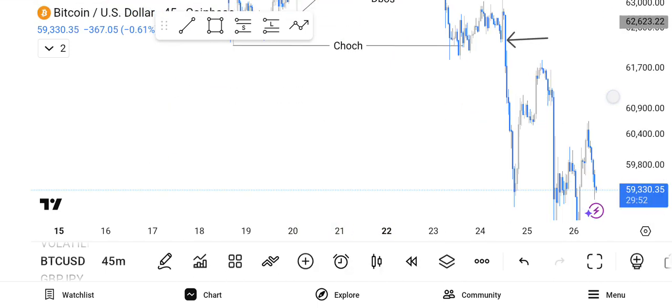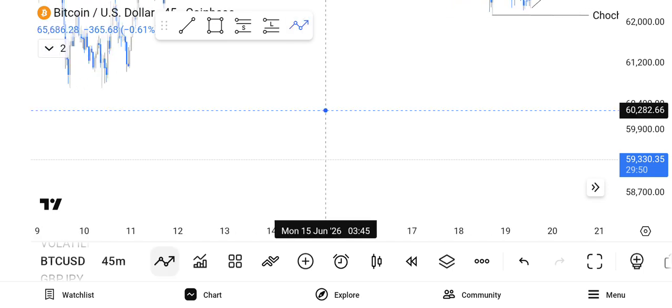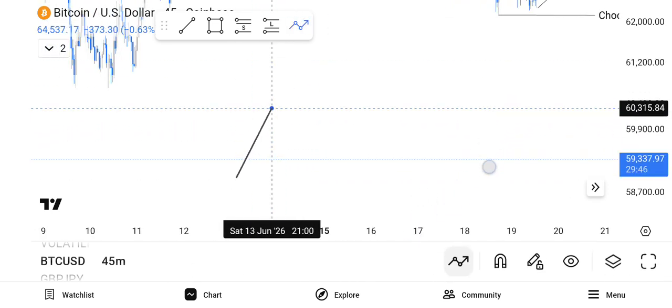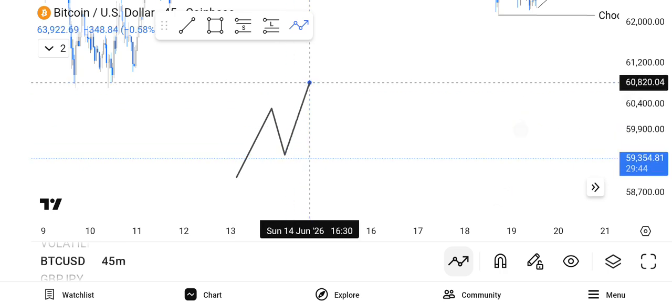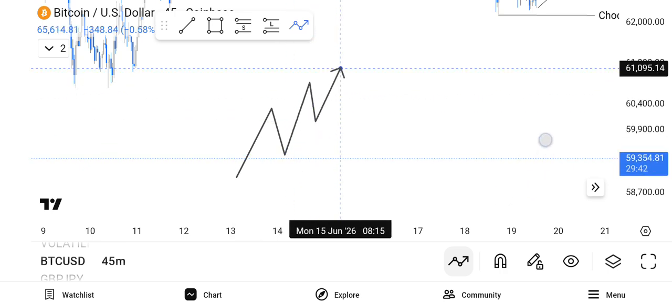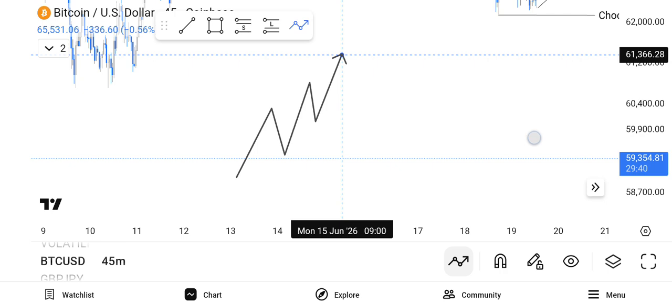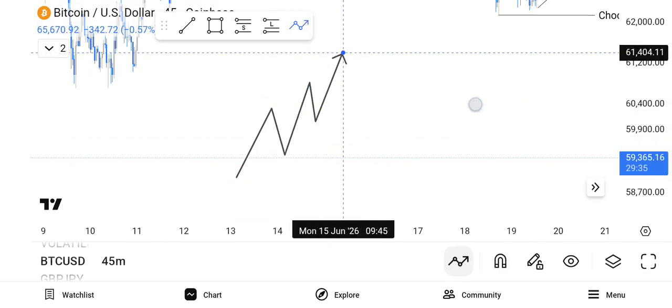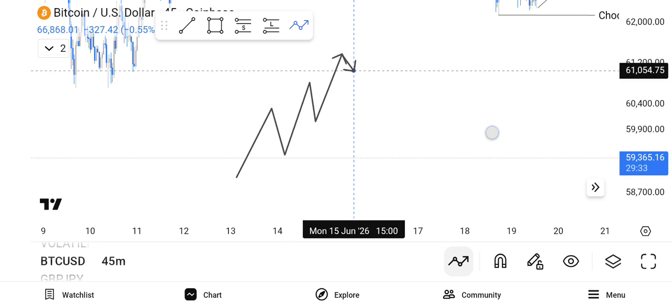So let's simply make this simple. Market moves like this. Let's say this is a higher time frame. Market is moving up. Then we start having something like this on the lower time frame.